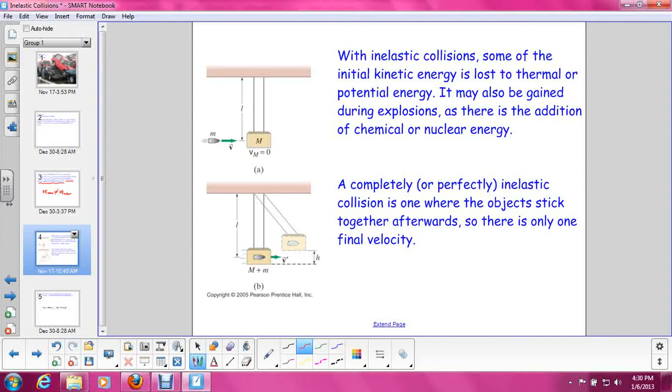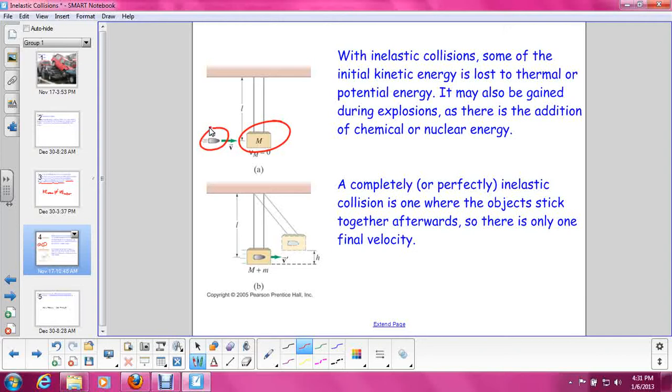It's where you have two separate objects in the beginning, and in the end, they are one object with the combined mass of those two things. So in this example, we have a bullet, and it's being shot into a wooden block. Two separate objects.